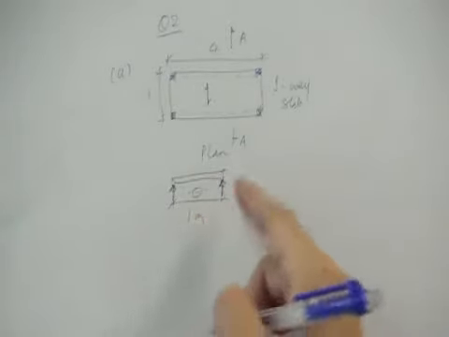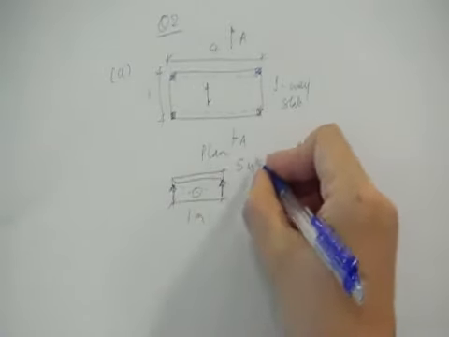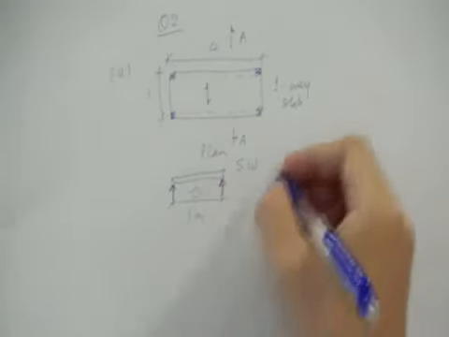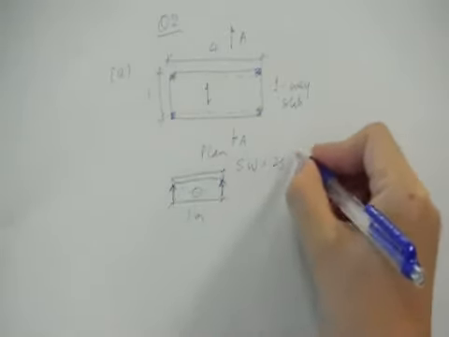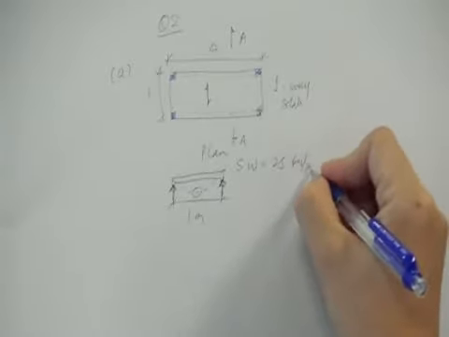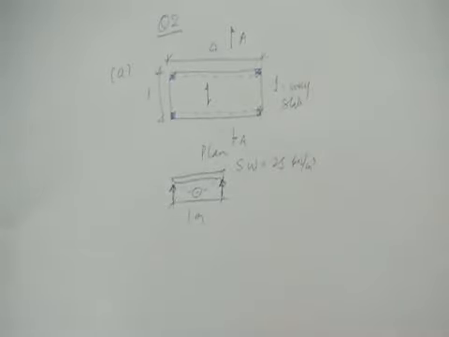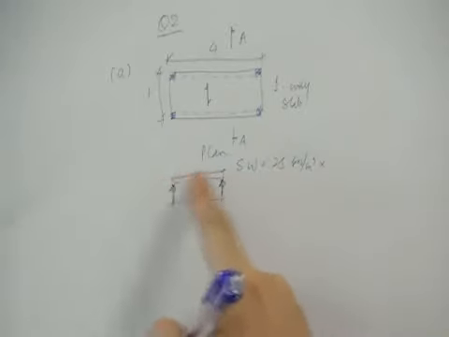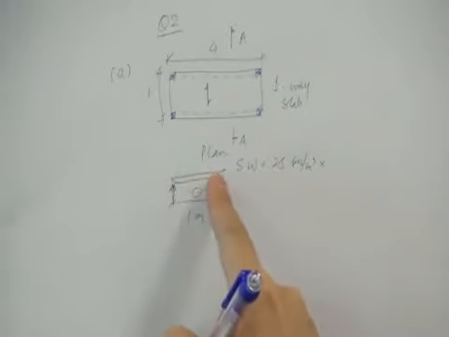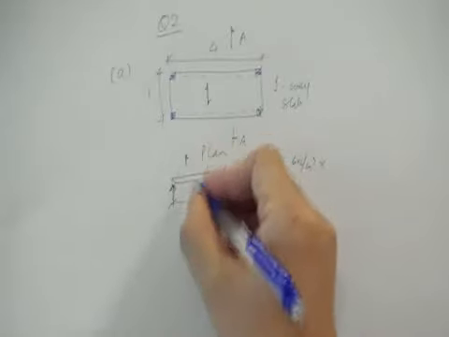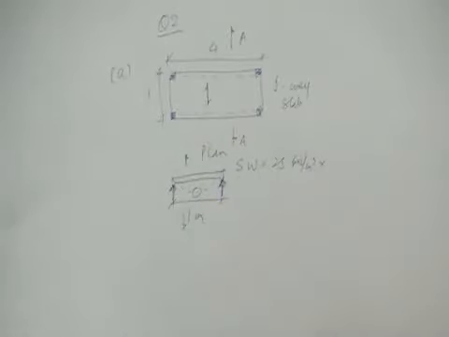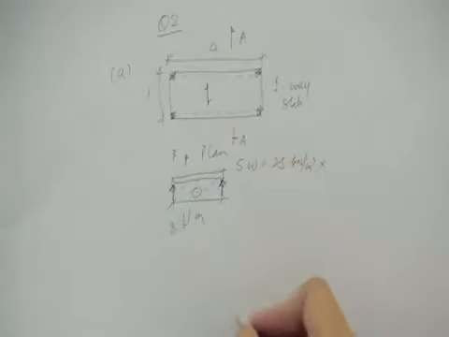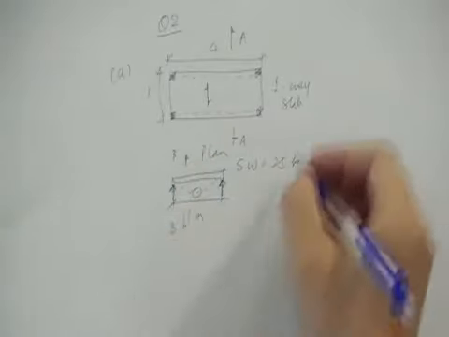So first of all, you find out the self-weight of your beam, which is given by the density of concrete, 25 kilonewton per meter cube, times the cross-section area of this beam. Okay, so you cut a section here. Let's say this is your section BB. And make sure you can draw section BB.